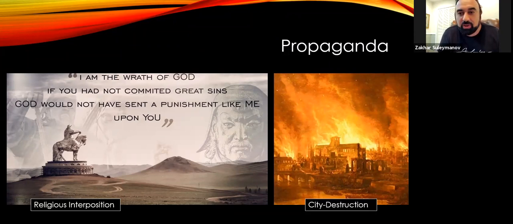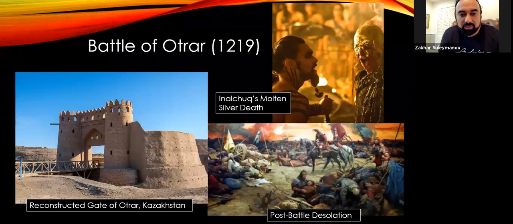So, in the city of Otrar, the governor that executed the ambassadors, what was interesting is Genghis Khan had him executed and made a golden top from his skull. That was an interesting aspect.